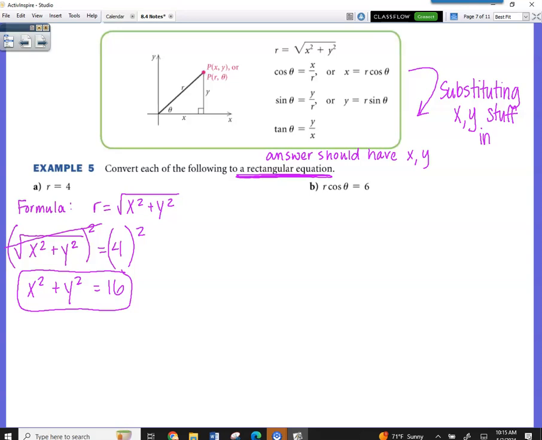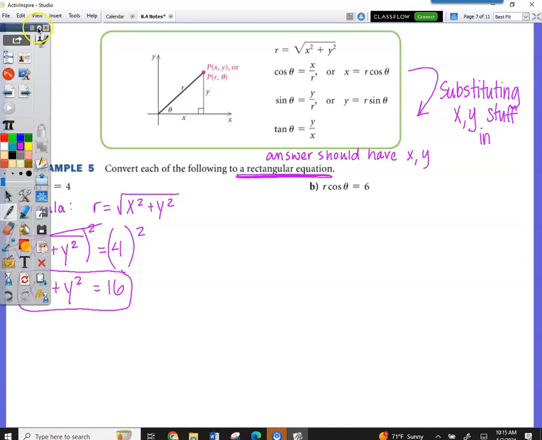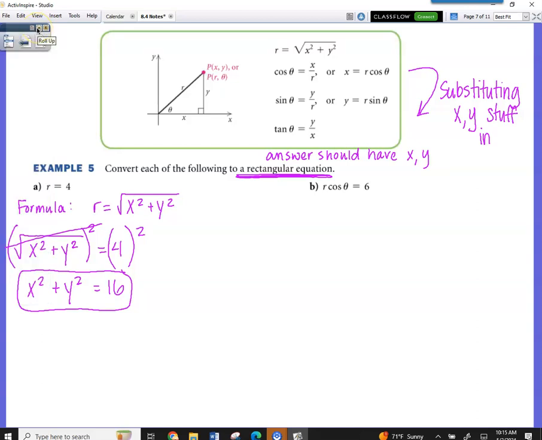We do need to make a small note here, and it's all because of the fact that we just squared both sides. All right, so I'm going to draw an asterisk here. This is just the math nerd in me saying, hey, be careful when you do this. All right, here's what we're going to write.